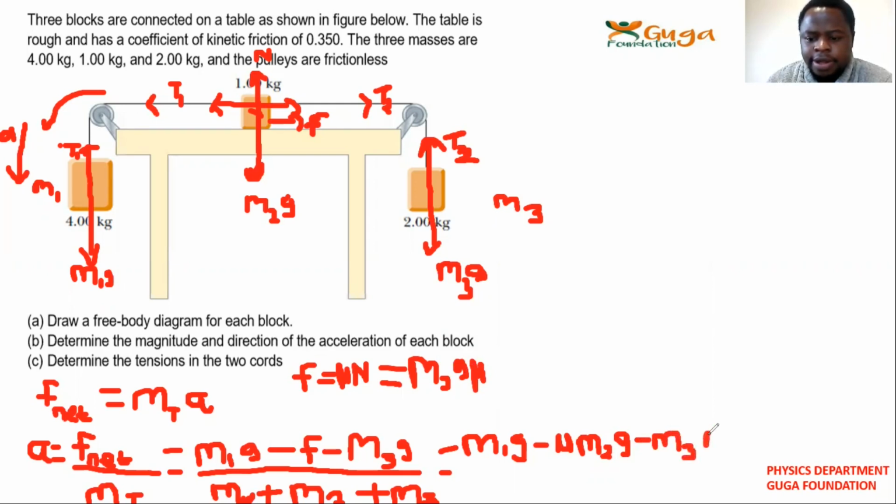Suppose this is G. Now, all over by the sum of the masses, which is M1 plus M2, this is our M2, plus M3.